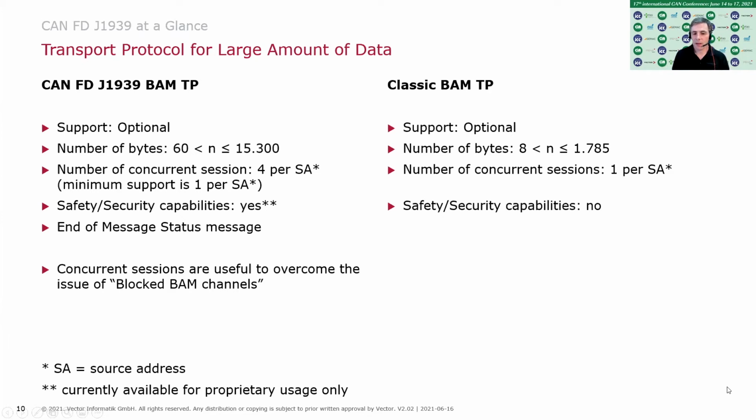A big improvement is that we can now run such a transport protocol in parallel 4 times. Every node has the capability to support up to 4 concurrent transport streams, which also addresses the blocking of the available broadcast message on the classic CAN frame.